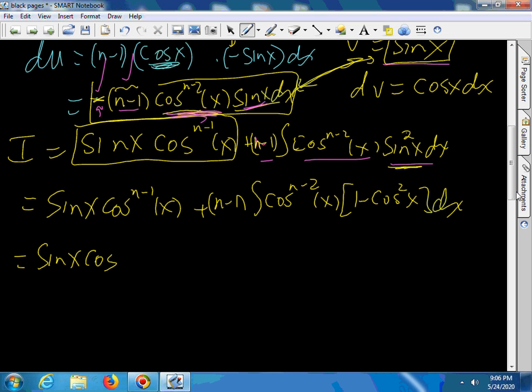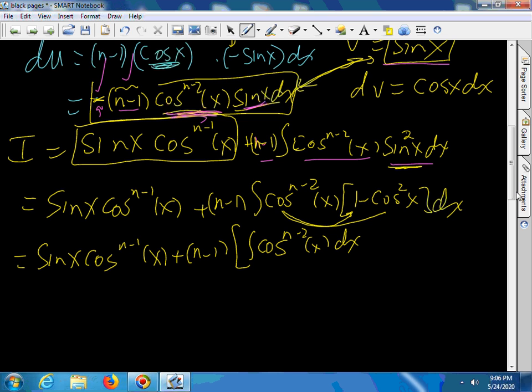So sine x cosine n minus 1 of x plus n minus 1 times this times that. Well, the power went down 2, that looks good. And then minus the integral of cosine to the n of x dx. That's back to where we started from.